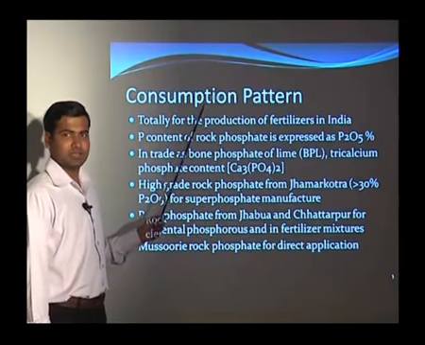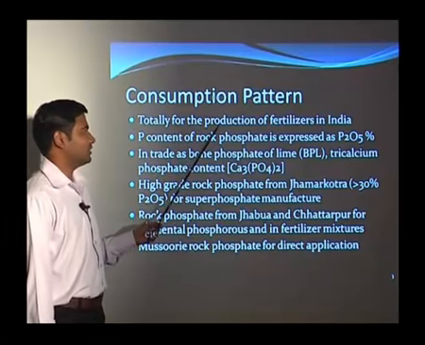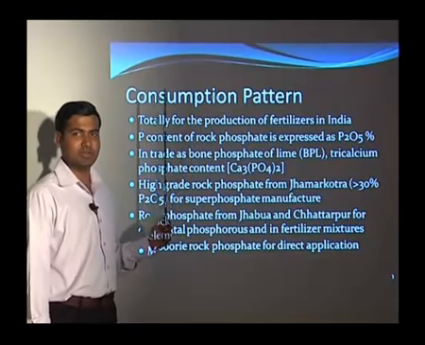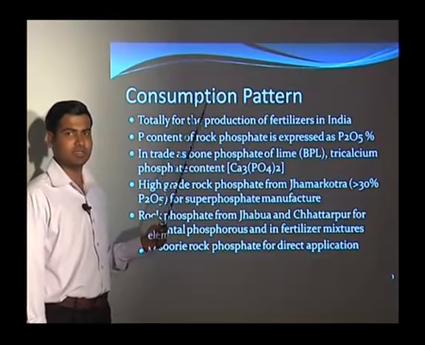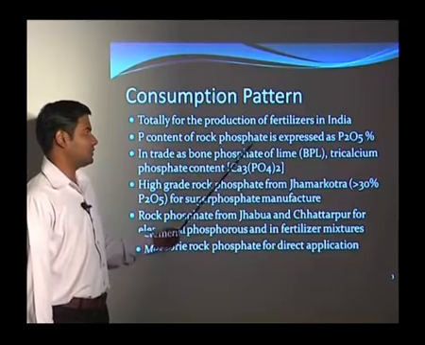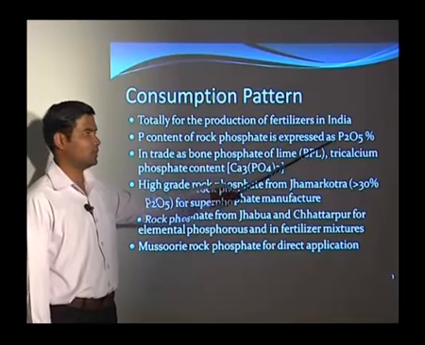If we see the consumption pattern of phosphorus, it is used totally for the production of fertilizer in India. The phosphorus industry mainly contributes to fertilizer production in India. The phosphorus content of a rock phosphate is expressed as the percentage of phosphorus pentoxide, that is P2O5.